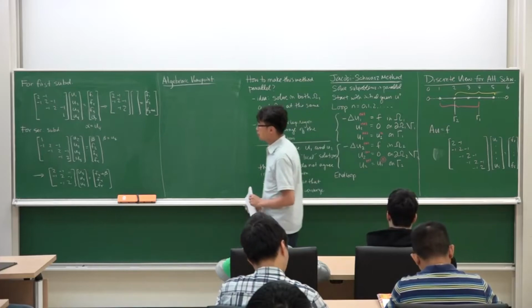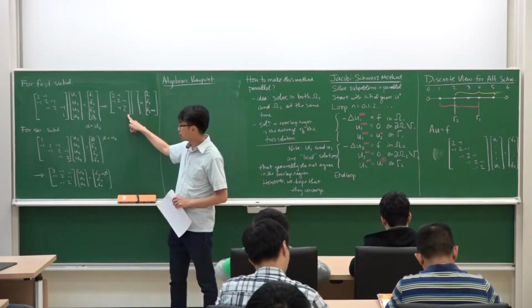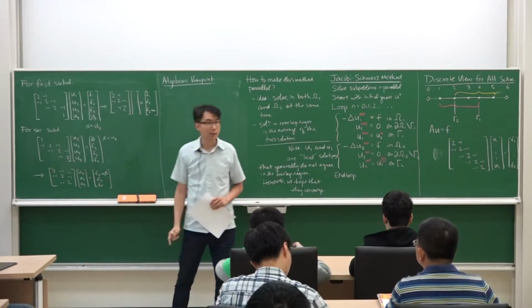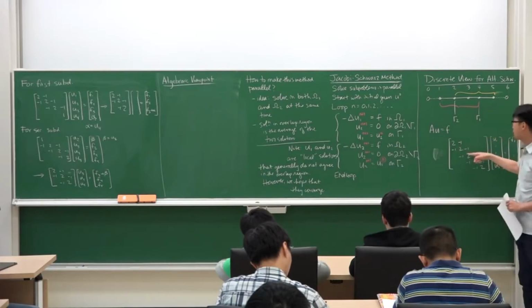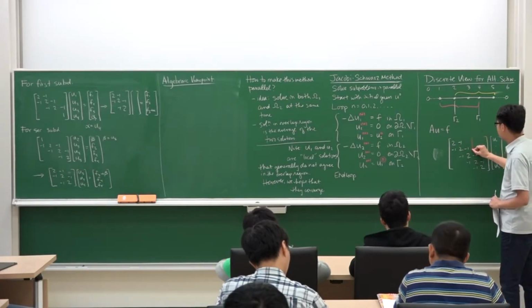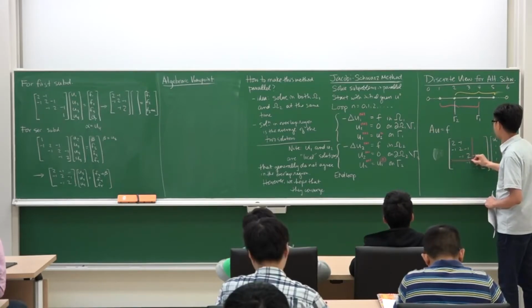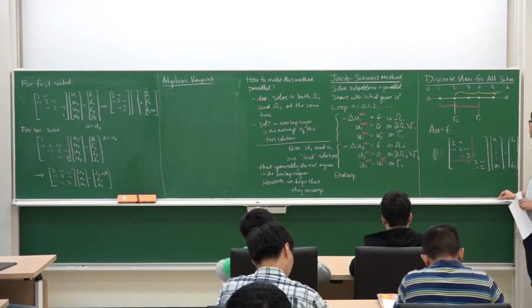So notice these matrices, these 3 by 3 matrices. There's one over here. There's one over here. And these are just parts of this matrix. Here is the first one for the first subdomain.